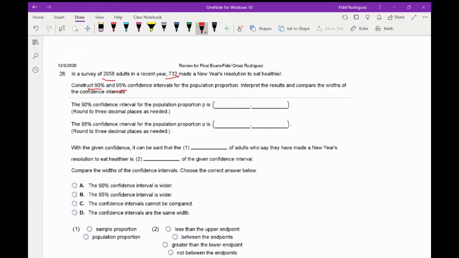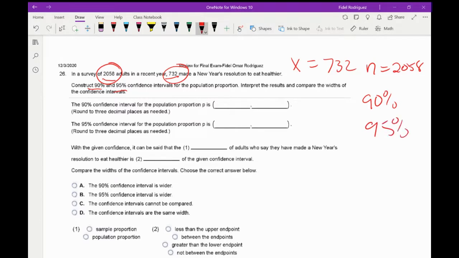Now we'll get a chance to use the calculator or the app. The one thing I'm going to do here is write my numbers. My X, not my X bar, but just my X, is the number of people who made the resolution. The N is the number of people we surveyed, which was 2058. And we're going to do this twice, once with a 90% and once with a 95%.